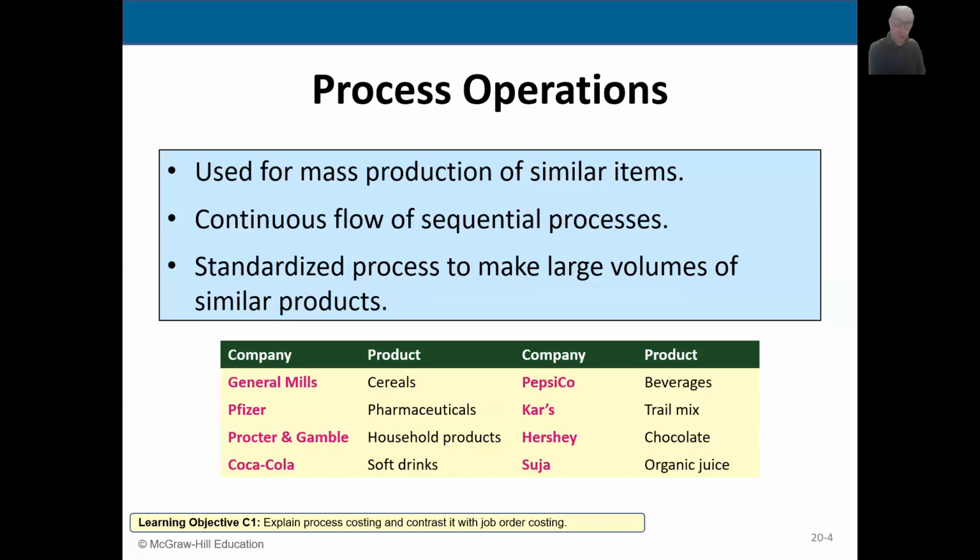Another example would be Pepsi or Coca-Cola. Those two companies focus a lot of their effort on making soft drinks like soda. It's the same product over and over again. They make millions, if not billions, of bottles of soda every year. And they're all the same.